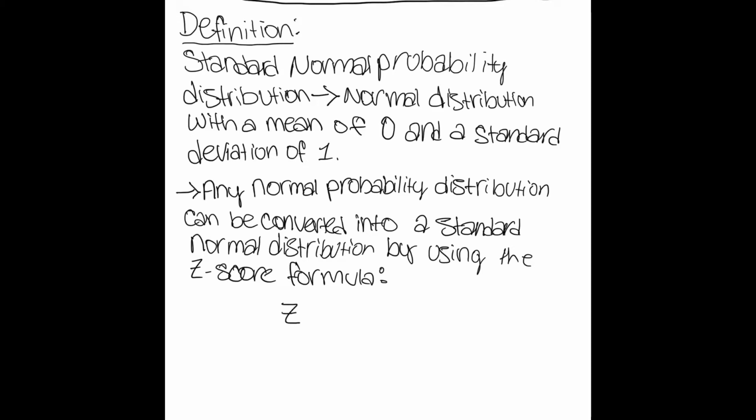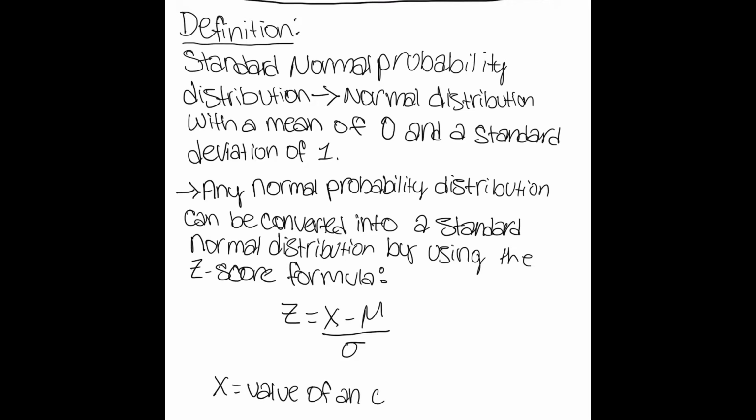So here I am just showing you the z-score formula. It is x minus the mu all over sigma. And now by definition, x is going to be the value of the observation.